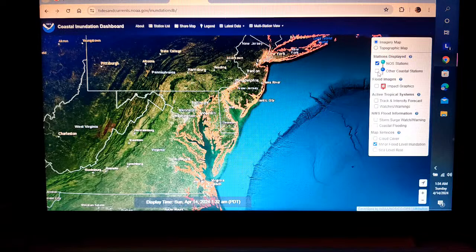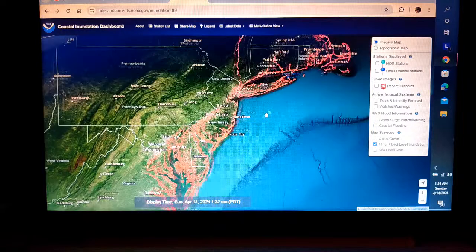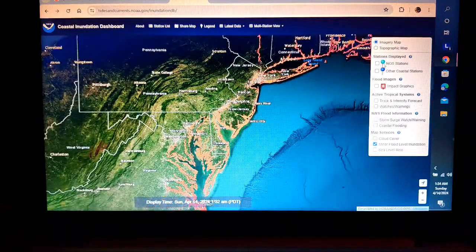Hey, how about the other stations? Check mark. Oh, look at that. That check mark works. And we were just using this one a minute ago, weren't we? We were just using these pins on this map a minute ago. And now we can't get anything. Okay? What does that tell you?